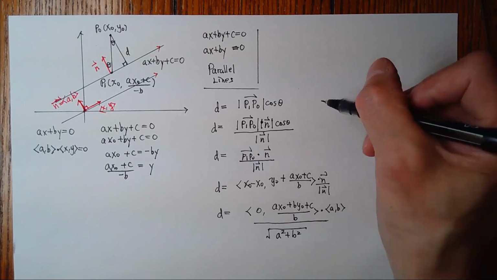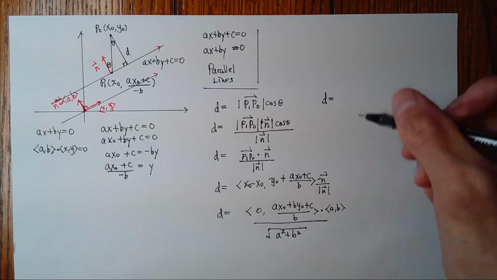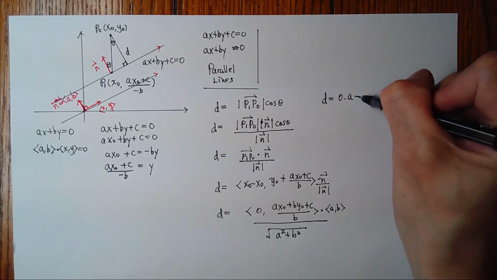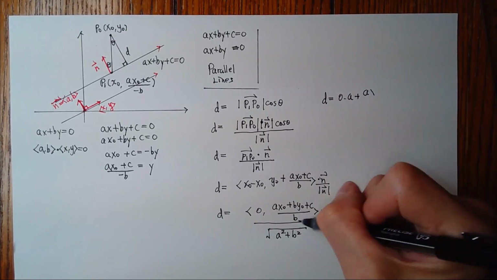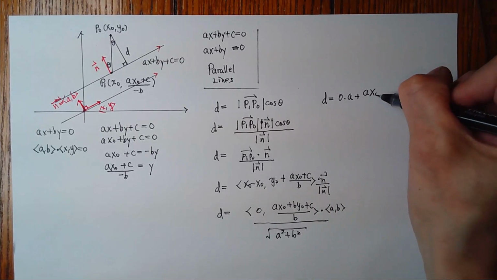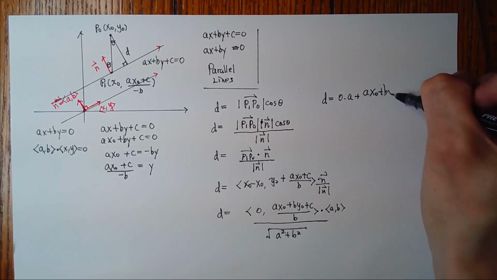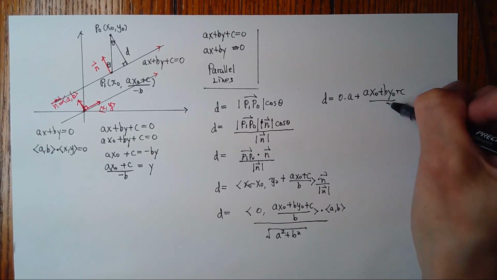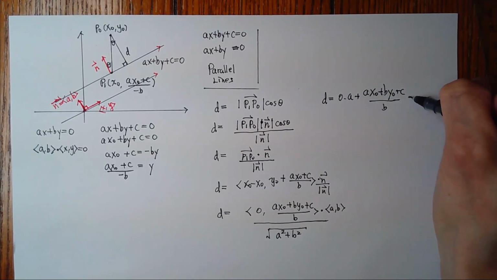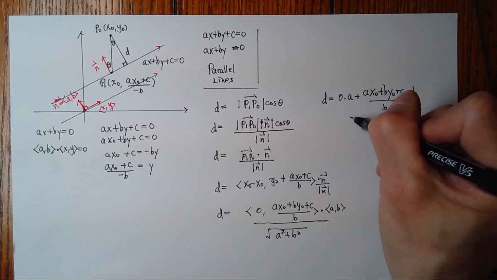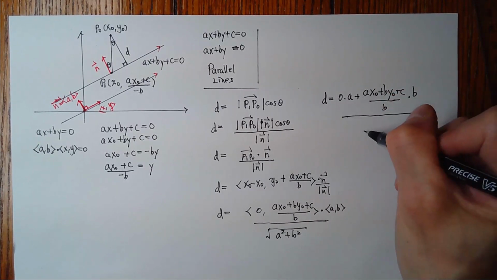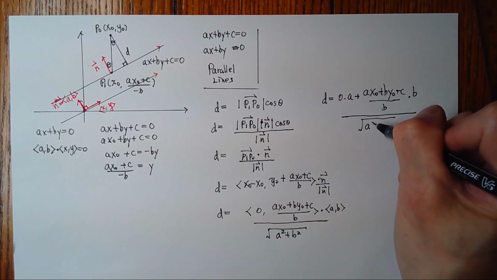All right, so d equals 0 times a plus this quantity times b, which is a x sub 0 plus b times y sub 0 plus c divided by b, and multiply by b, and divide by the square root of a squared plus b squared.